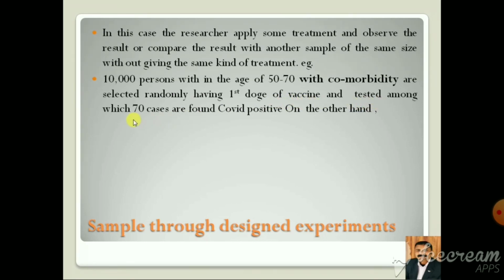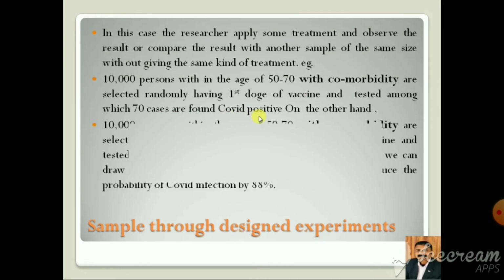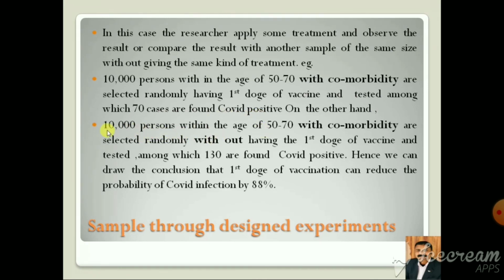Suppose on the other hand, another group of people with respect to the same criteria, that means 10,000 persons within the age of 50 to 70 with comorbidity, that means with blood sugar and high BP, are selected randomly without having even the first dose of vaccine, and then tested, among which suppose 130 cases are found COVID positive.